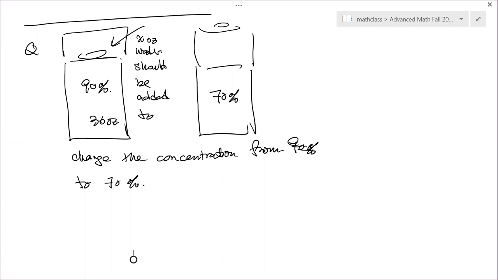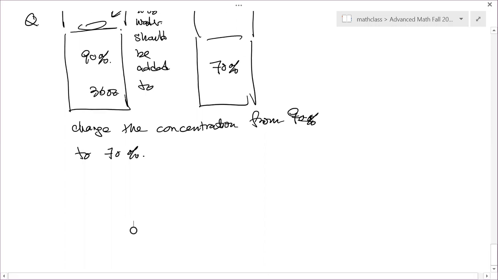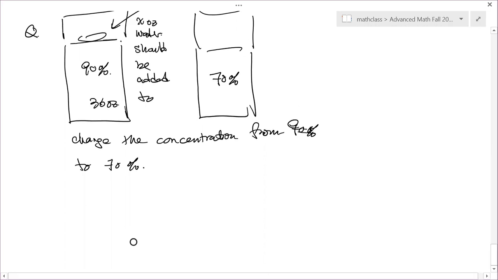Okay, nobody gave me the answer. I have to do it here. Think about that. After adding X ounces of water in this container, the total amount of solution will be 36 plus X. But when you add this water, it does not change the amount of pure alcohol.